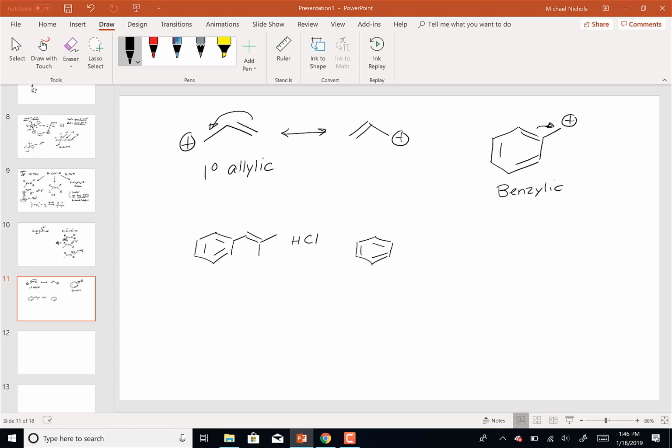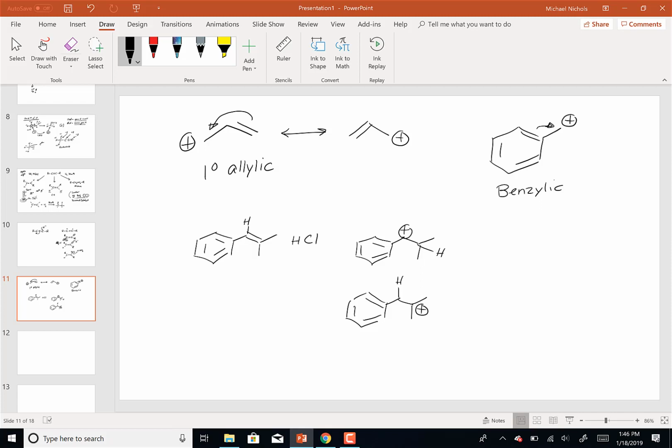It could either form, the H could add to this carbon and then put the plus charge there, or you could add the H here and put the plus charge there. So we're doing HCl addition to an alkene. Nothing new here except the benzene ring.